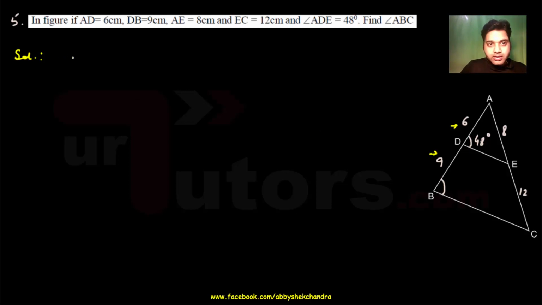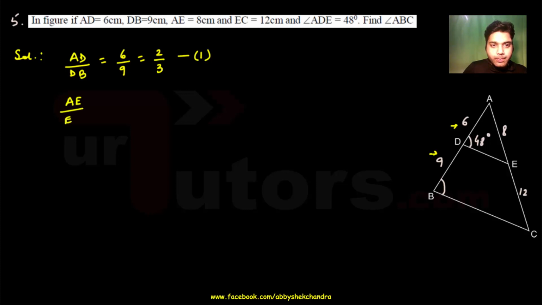So AD by DB is equal to 6 centimeters by 9 centimeters, equal to 2 by 3. Let's call it 1. And AE by EC is 8 centimeters by 12 centimeters, which is again 2 by 3.